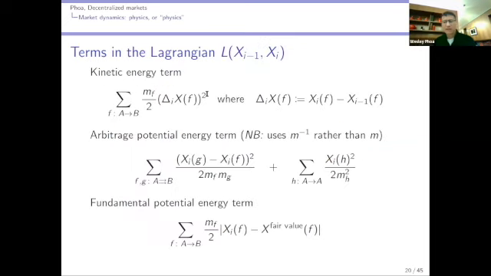So what do these terms actually look like in practice? They look kind of like what you would expect them to look like, but there's a little bit of a twist here, which is that in the kinetic energy term, the m is in the numerator. So the higher the mass of an arrow, the more resistant the exchange ratio is to change, and so you're penalizing bigger changes. But in these arbitrage potential energy terms, the mass is in the denominator.